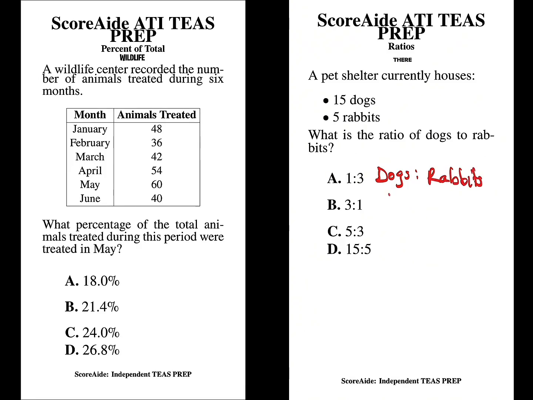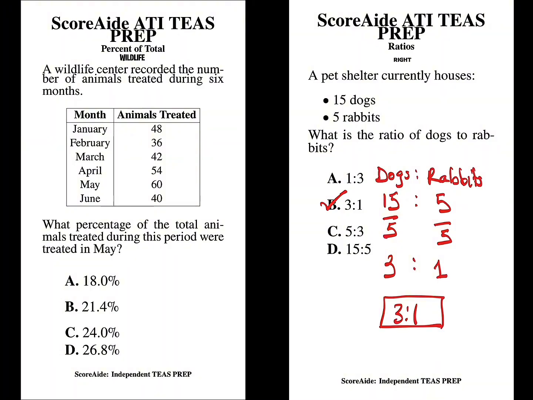So how many dogs are there? 15 is to 5 rabbits. So we can divide this by 5. When we divide it by 5, we're gonna have 3, 1. So the simplest ratio here is 3 is to 1. And the answer there is gonna be B, right?